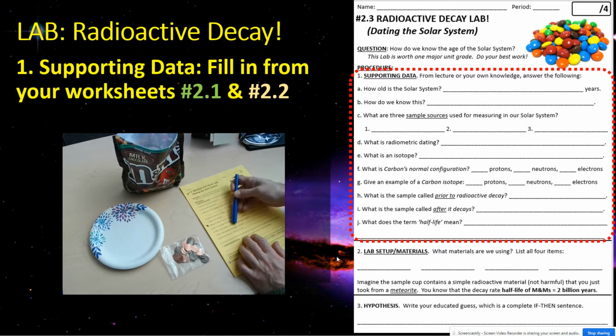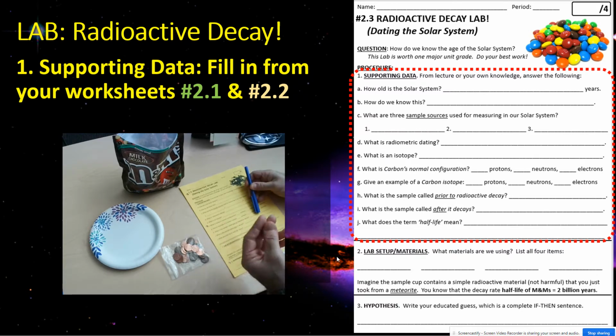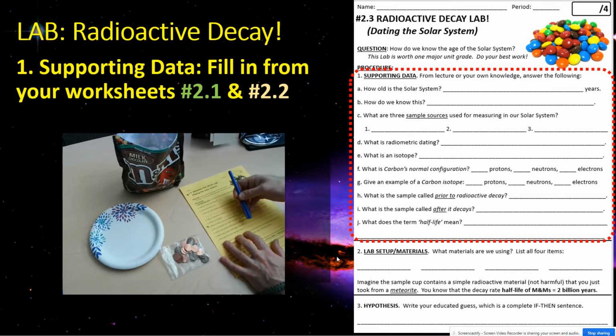What's it called prior to radioactive decay? Well, before an isotope changes and loses its extra neutrons, it's called the parent isotope. After it decays, it loses those neutrons, and it's called the daughter isotope. Half-life is the measurement of time it takes for half of your sample to go from parent to daughter.